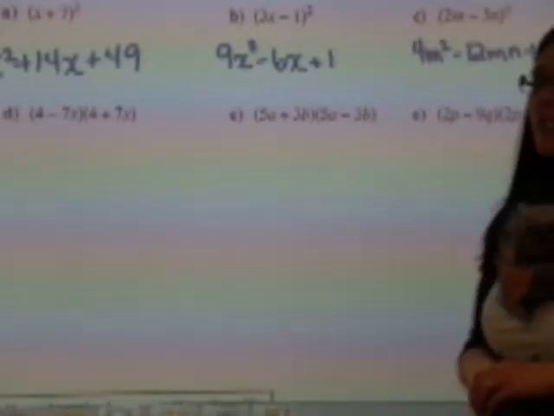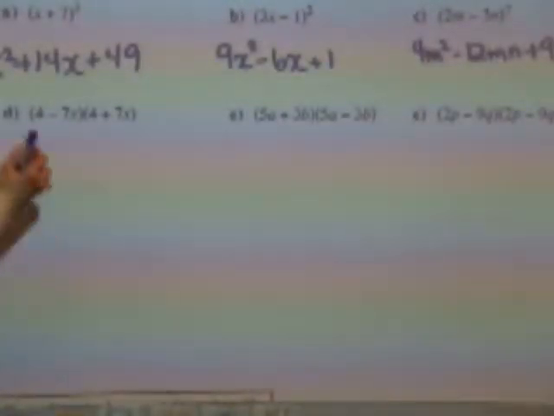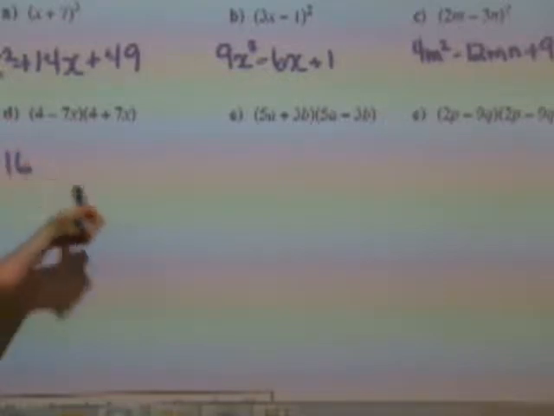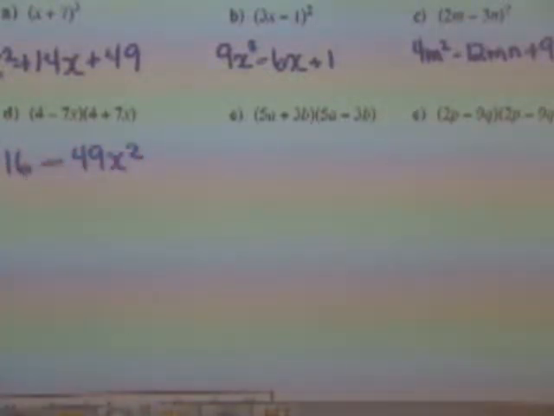The next three are a difference of squares because they're the exact same term. One is minus, one is plus. So I multiply the first terms together, multiply the last terms together, and put a minus sign between.